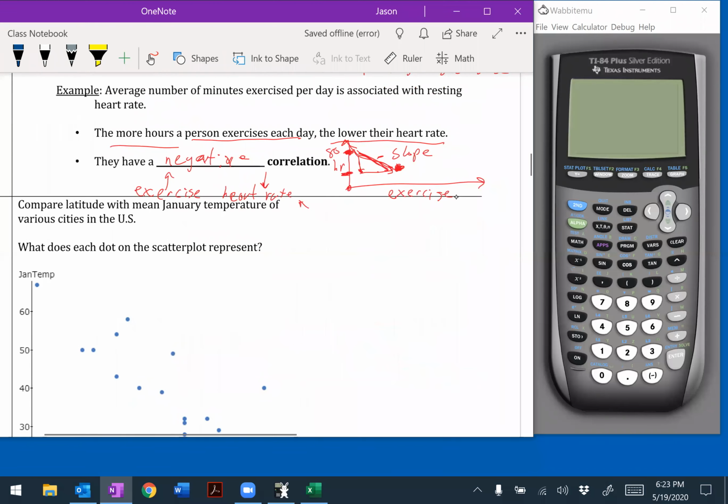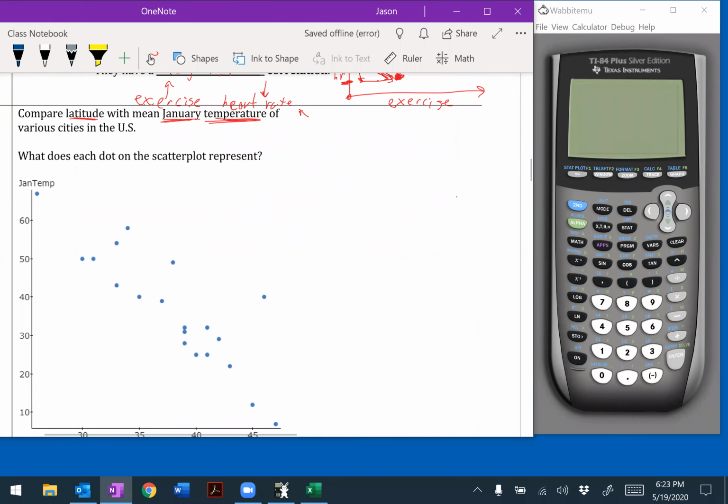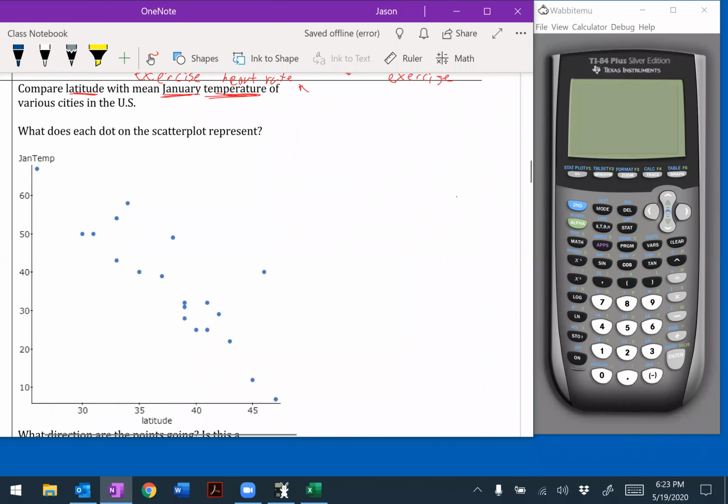Okay, compare latitude with mean January temperature. Okay, latitude with January temperature. Okay, what does each dot on the scatter plot represent? Well, it represents a specific latitude and its January temperature.